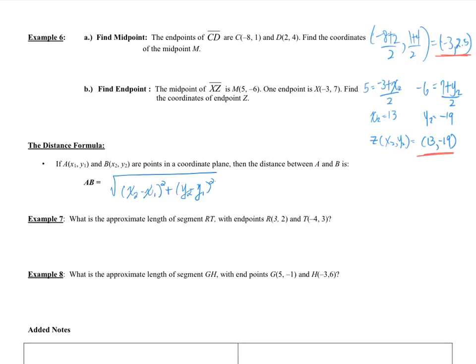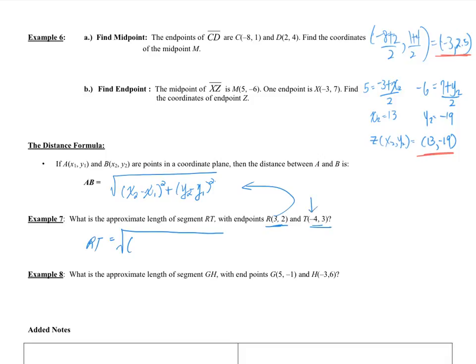Example 7. What is the approximate length of segment RT with endpoints R (3, 2) and T (negative 4, 3)? We just have to substitute these points into this formula. I will let this be the first point and this be the second point.